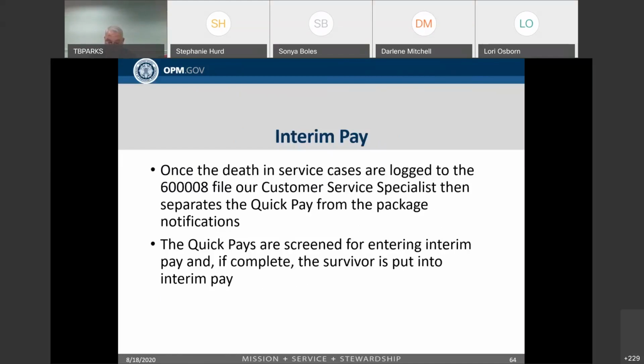Some of the red flags for cases not to go into interim pay: less than 10 years of service, part-time, intermittent, offsets, divorced, marriage not 9 months long, OWCP or homicide. That might not be an inclusive list.